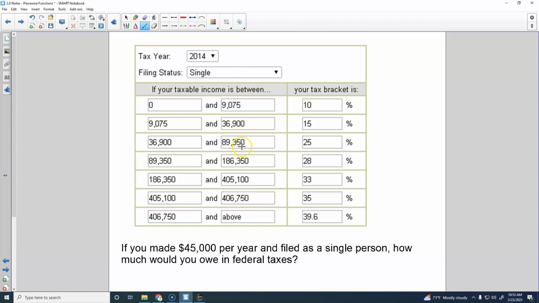And the way it works is kind of complicated. Let's say you make $60,000. They do not tax 25% of your $60,000. They tax 10% of the first $9,075. Then they tax 15% of the part of your money that falls between $9,075 and $36,900, and then they tax 25% on everything over $36,900.